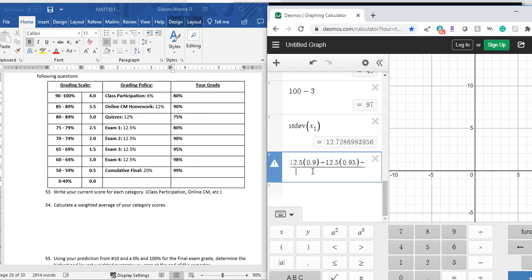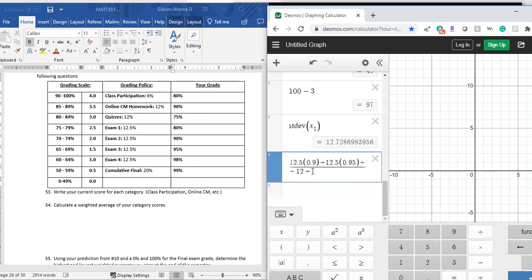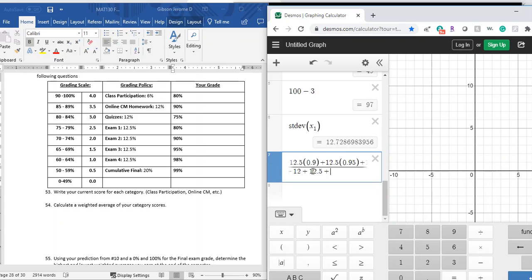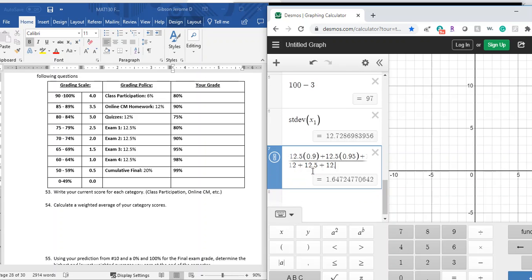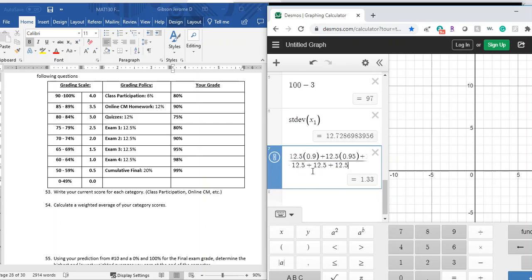And then our denominator, we will have 6 plus 12 plus 12 plus 12.5 plus 12.5 plus 12.5 plus 12.5 plus 20.